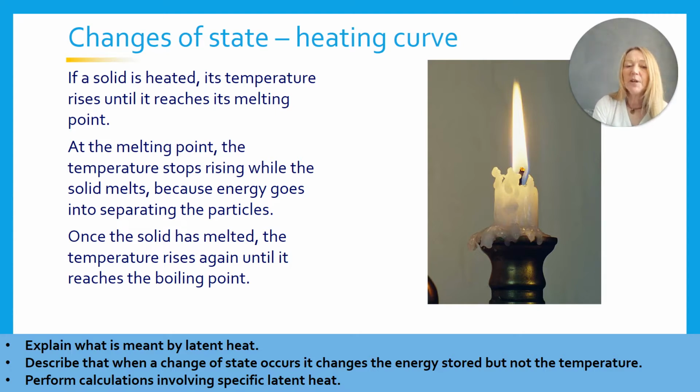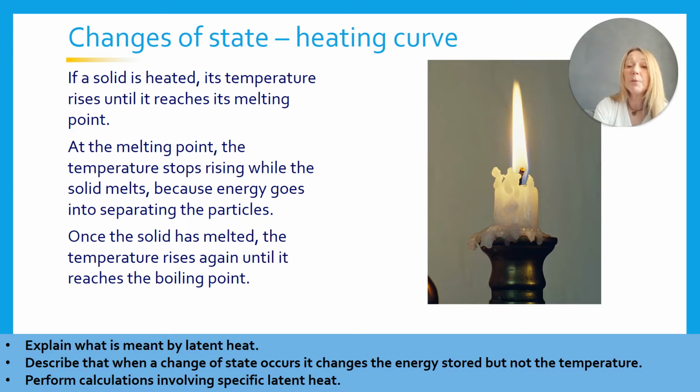Whenever there's a change of state of any material, energy is inputted into that material in order to change it from a solid to a liquid or a liquid to a gas. So when a material is being heated, the heat energy that's put into that material will raise the temperature until it gets to the point where it's actually changing state. So in the case of a solid to a liquid, as it's melting, all of the heat energy that's being transferred is being used to weaken the bonds instead of being used to raise the temperature.